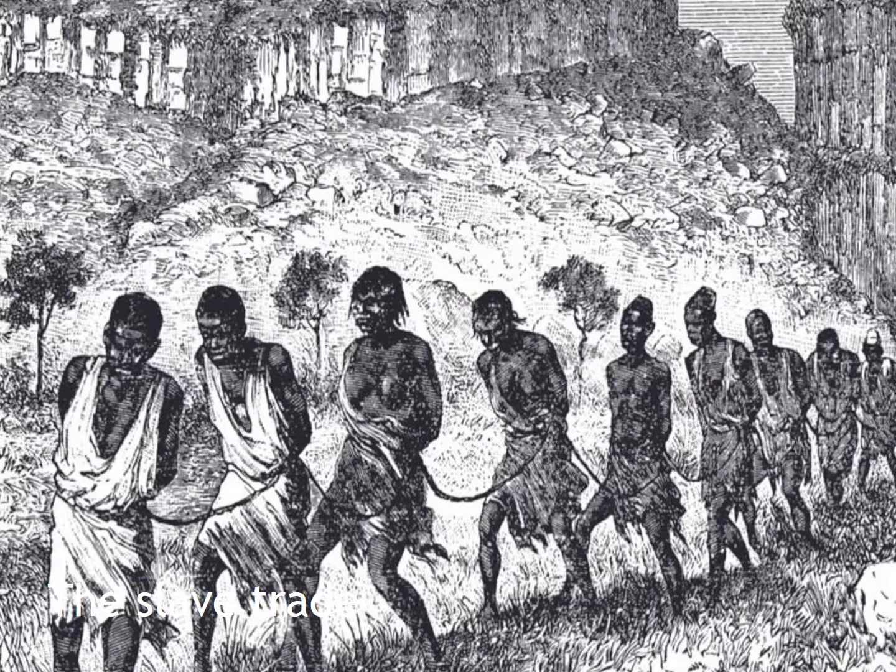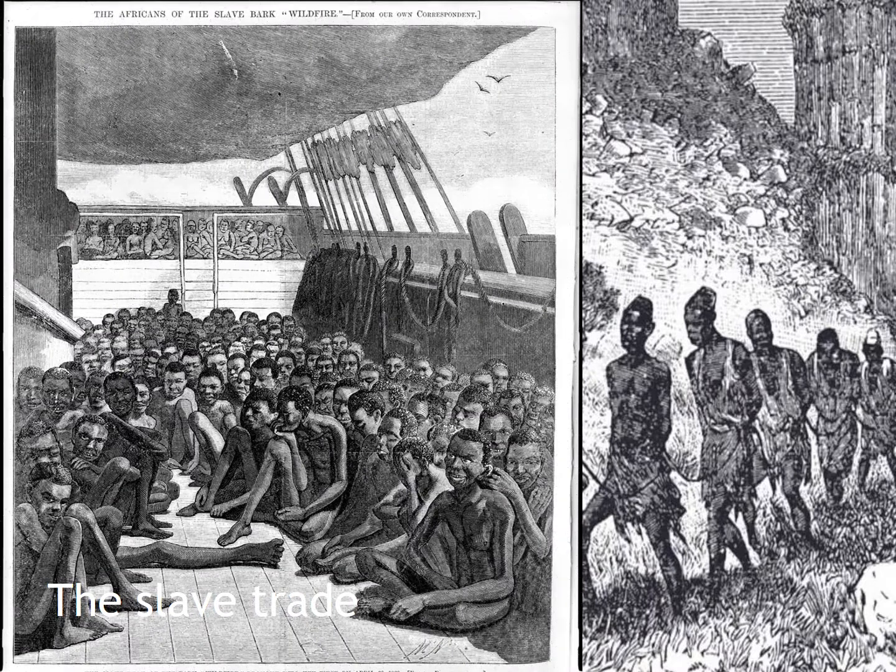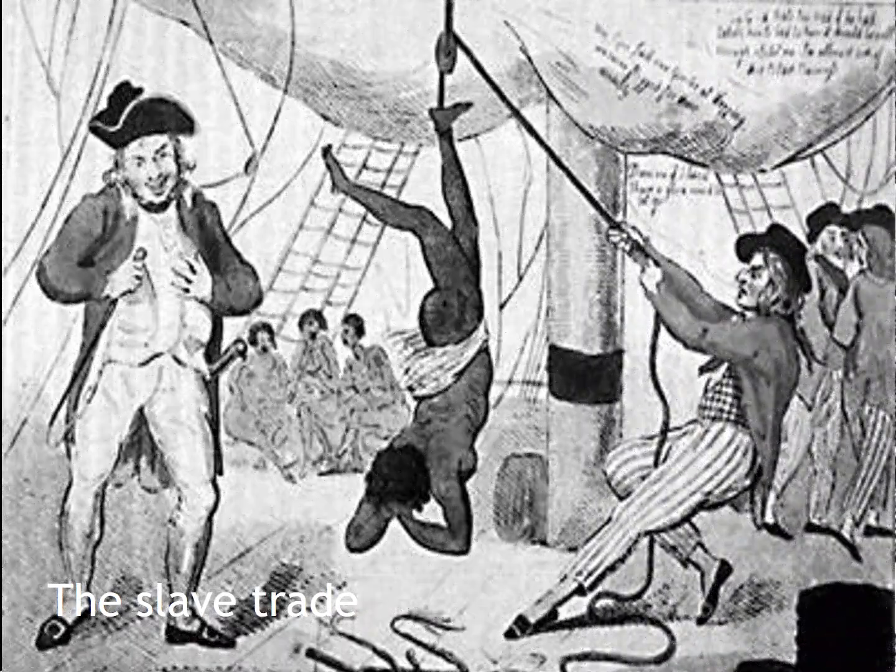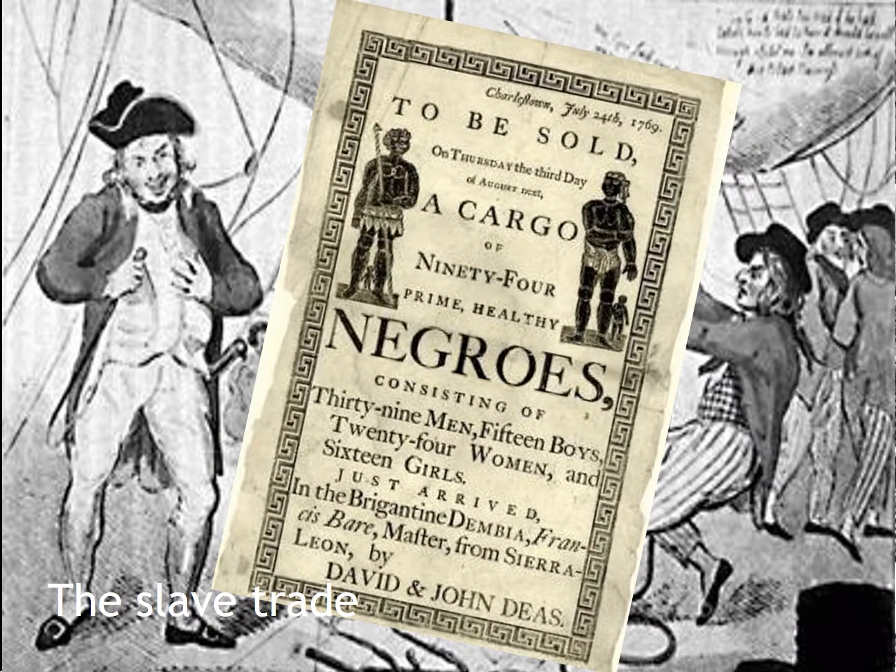This is the other side of the 18th century. Most of the slaves were sold to plantations in the Americas. You see some of the kinds of drawings. A lot of these drawings were made by people who were against the slave trade.